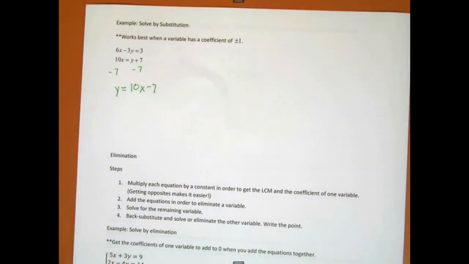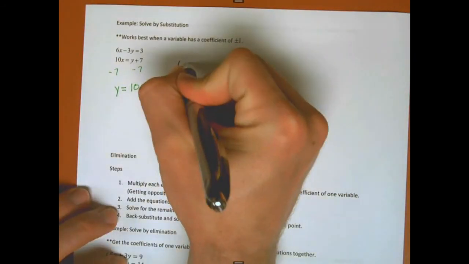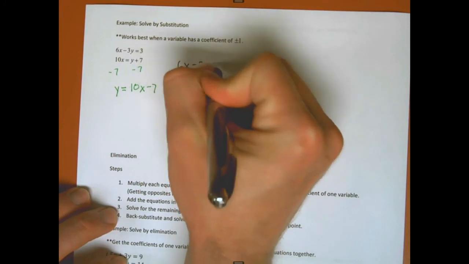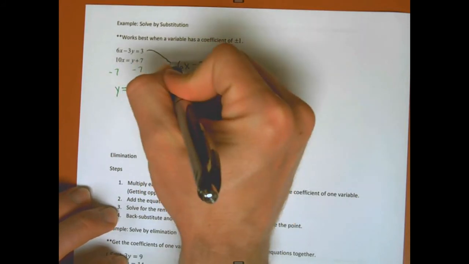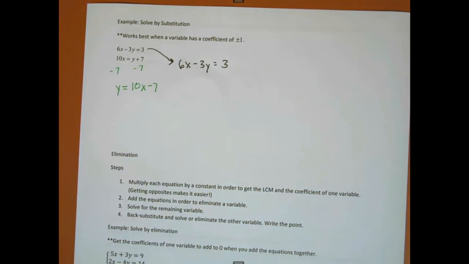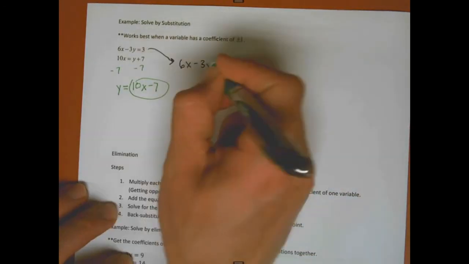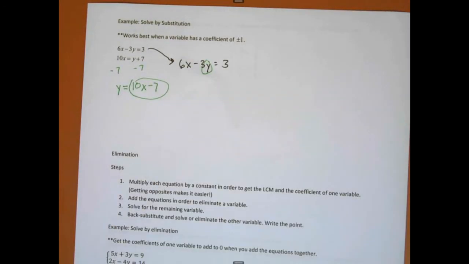And then if you think about this top equation, 6x minus 3y is equal to 3, just rewrite that one, then you can substitute for y all of this. That gives you an equation with only one variable, which you can solve. If you have two variables and two equations, you can solve it.